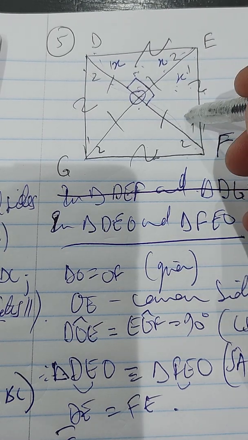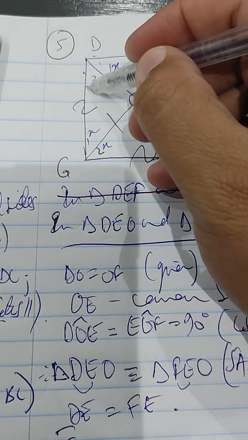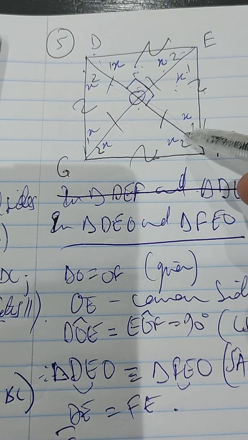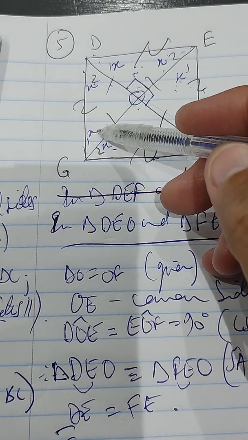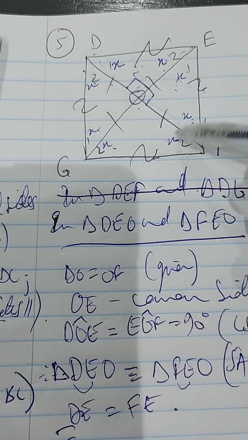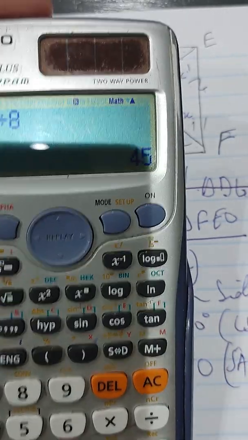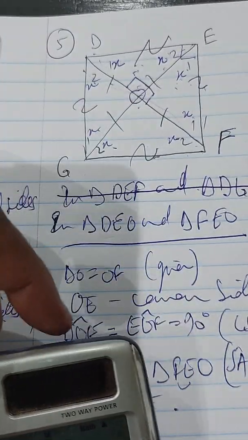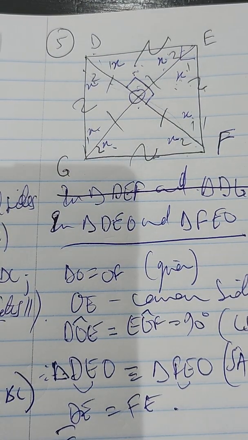That will be x. This will be x. Why? Because they're all congruent triangles. At this point we proved all is congruent. So x plus x plus x plus x plus x plus x plus x plus x adds up to 360. 360 divided by 8 is 45. It's 45. So therefore E1 and E2, the combination thereof, is going to be 90 degrees. Okay.